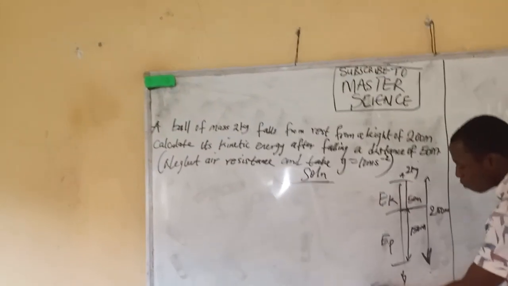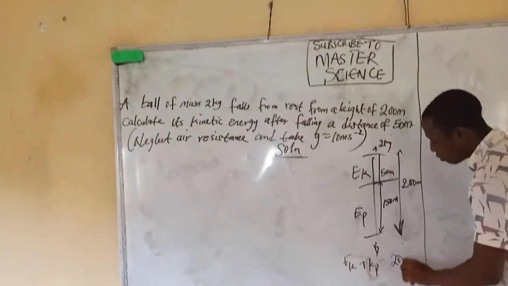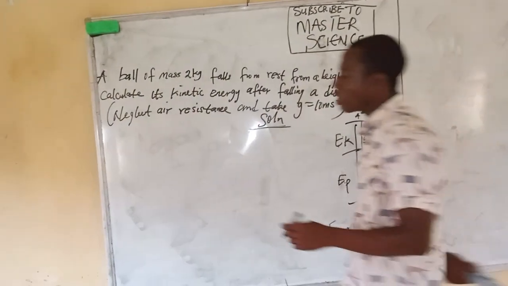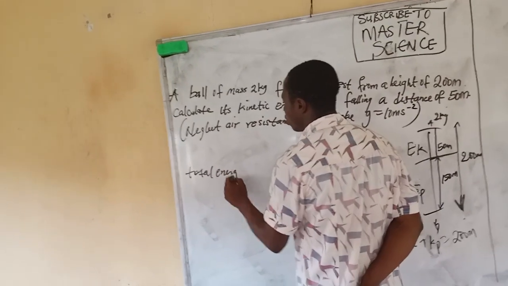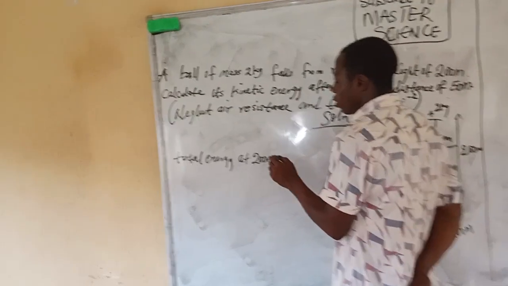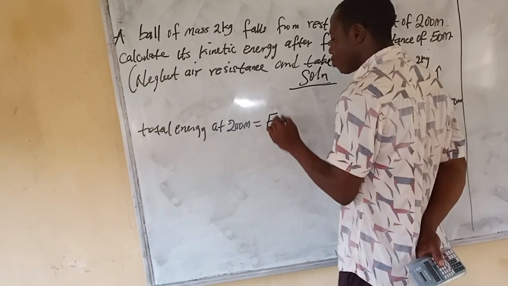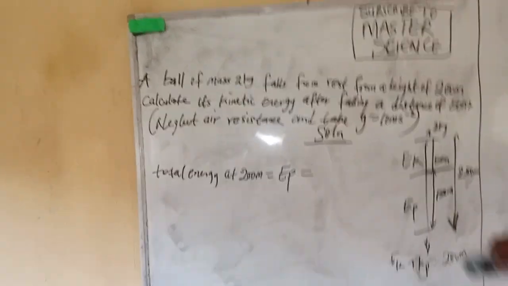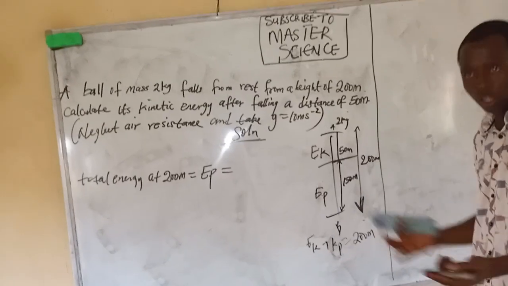It means that kinetic energy plus potential energy will give us the total energy. So first of all, we're going to calculate the total energy at 200 meters, which is the same as my potential energy.